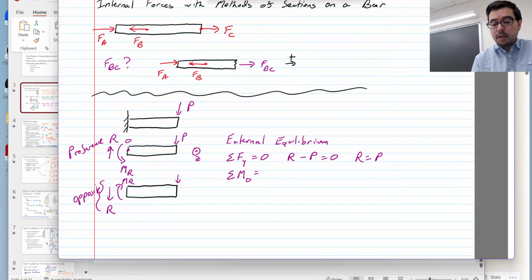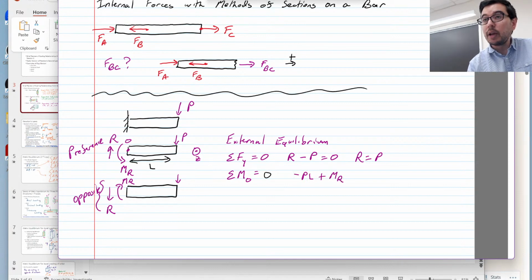P times L has to be equal to 0, so I've got a minus PL plus MR equal to 0. So MR is equal to PL.